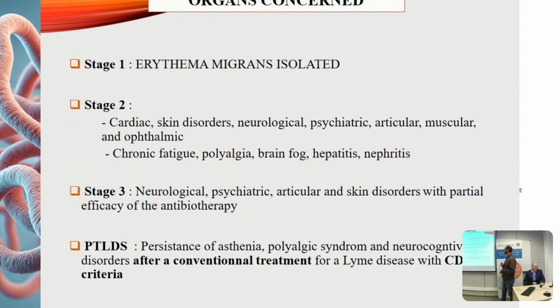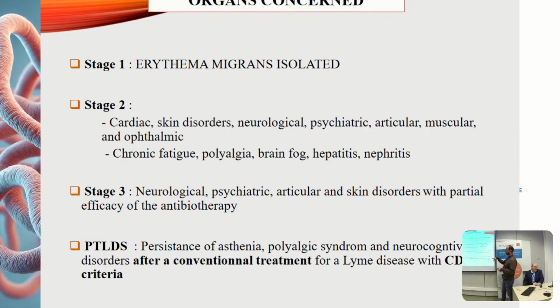The symptoms and the organs concerned by Lyme disease, as you can see, are a cardiac localization, articulation, the muscle, also neurological signs and localization.